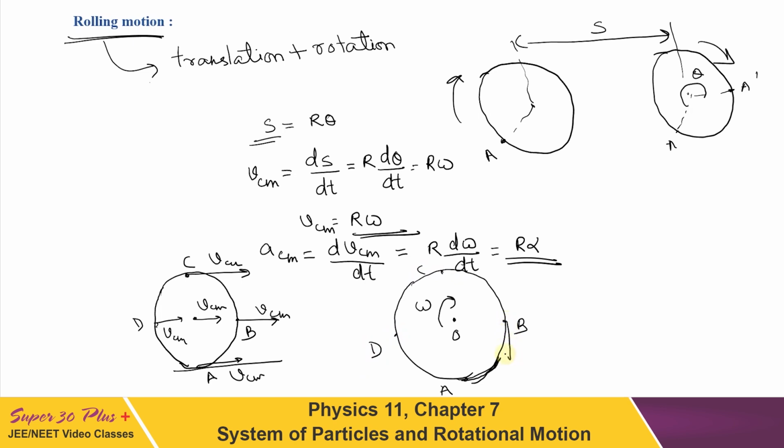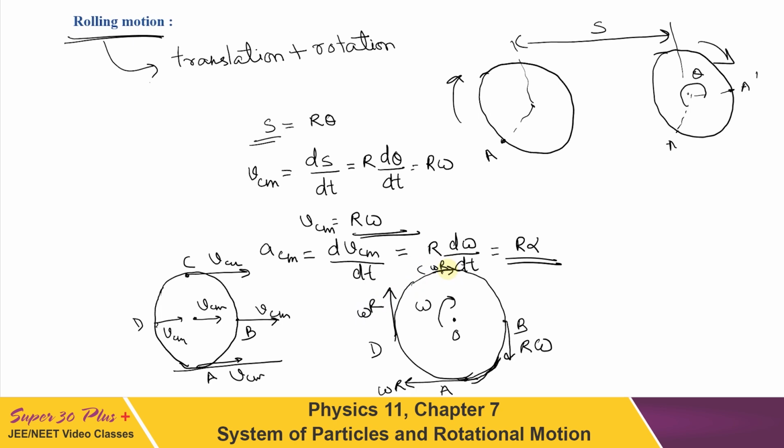At B it has to be in this direction, magnitude being equal to r omega. For A it will be in this direction, again magnitude omega r, here also omega r, and at this point also it is omega r. So all these points are now rotating, having linear velocities equal to omega r about the center of mass. So this second figure corresponds to pure rotation.